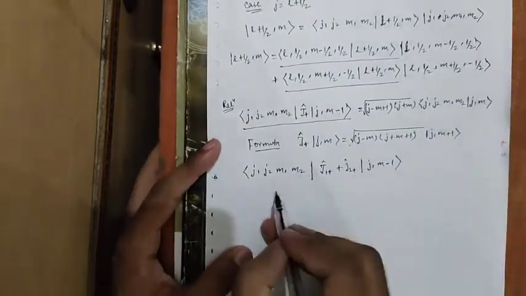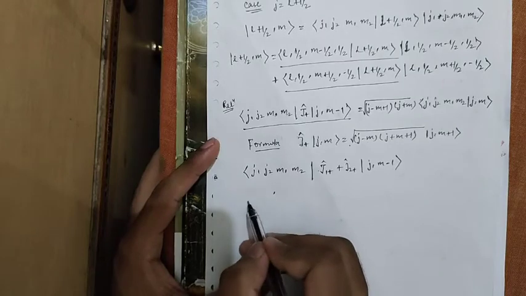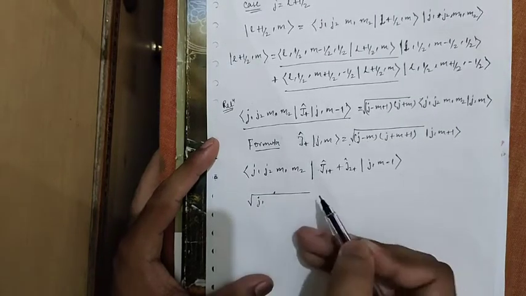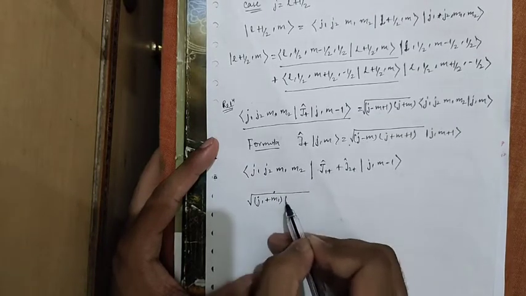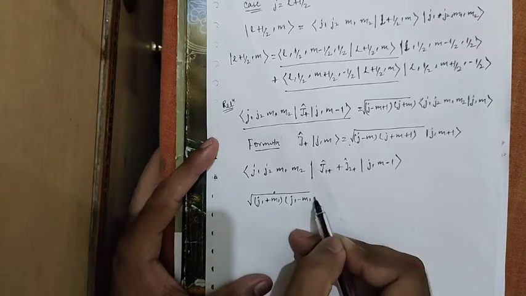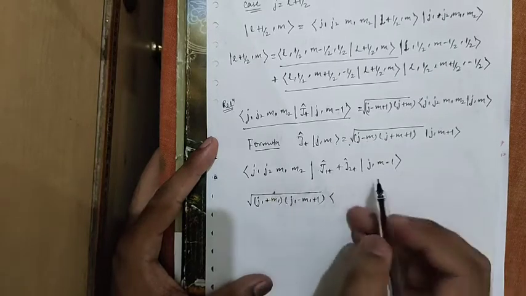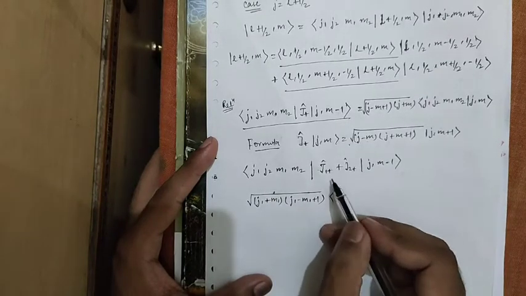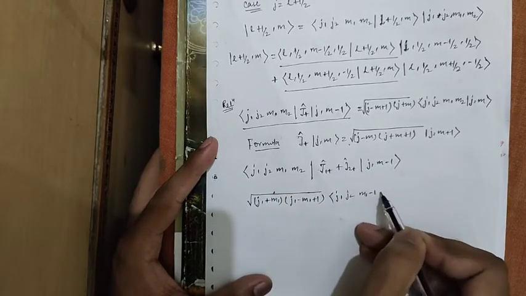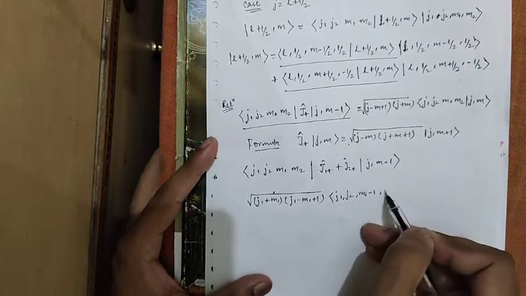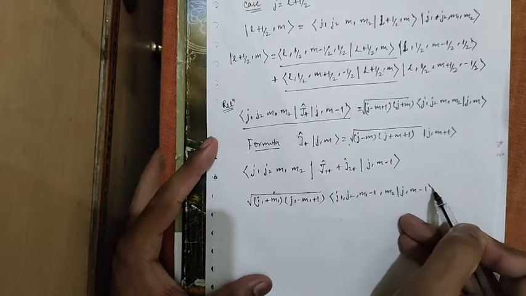We know when j1 plus acts on j1 j2 m1 m2, it gives us the square root of j1 plus m1 and j1 minus m1 plus 1, and this state changes: m1 will change by 1.